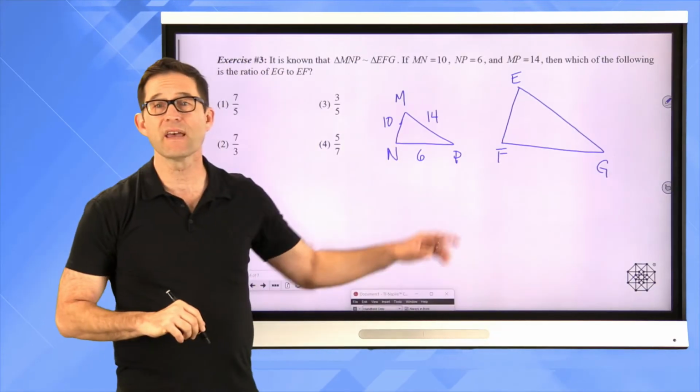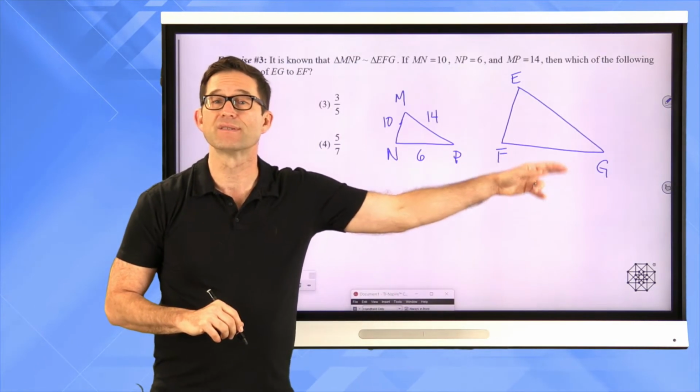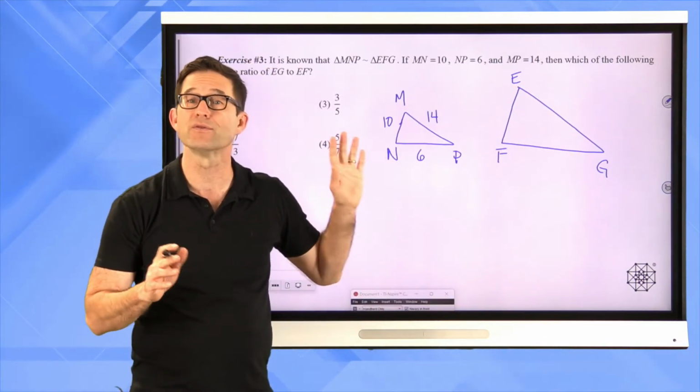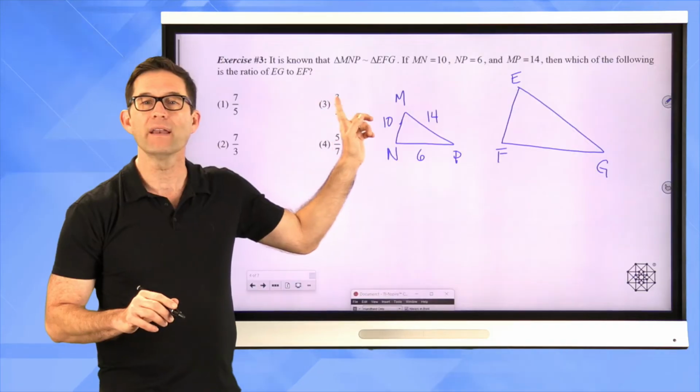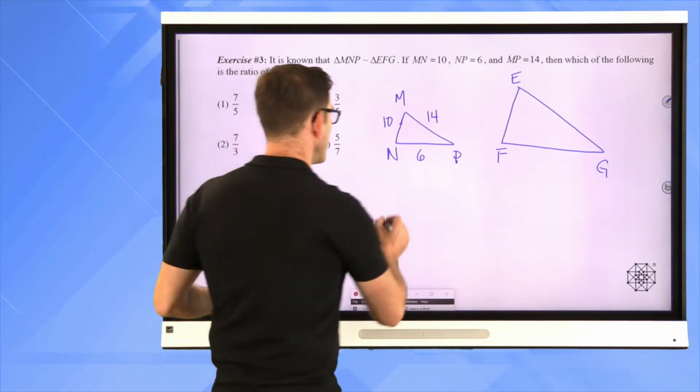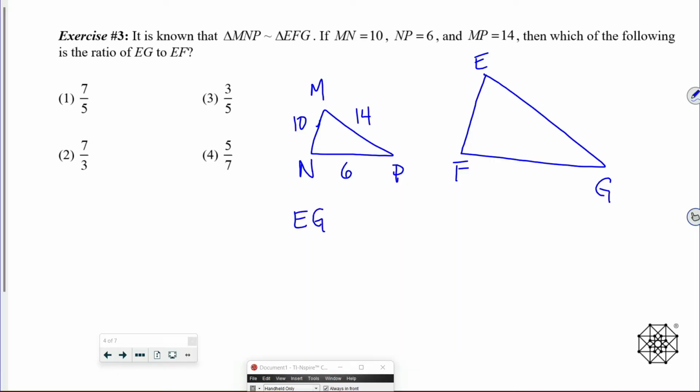Now, I can't say that EF is 10, FG is 6, and EG is 14, right? These two triangles are not congruent. They're just similar to each other. But if I need the ratio of EG to EF, EG divided by EF, that is going to be the same as MP divided by MN.